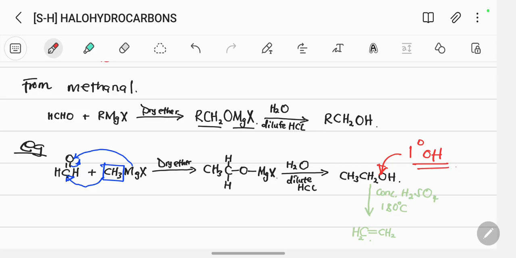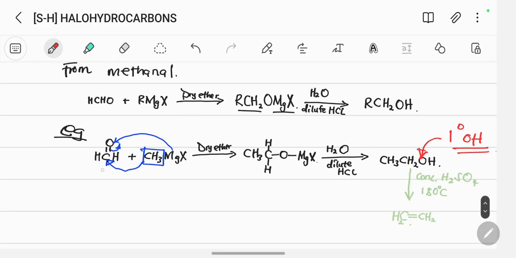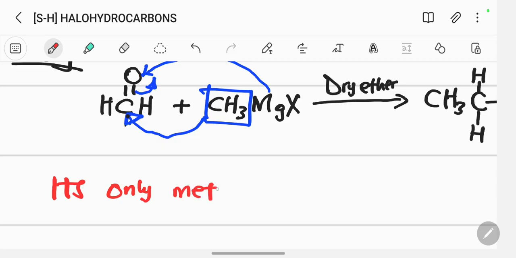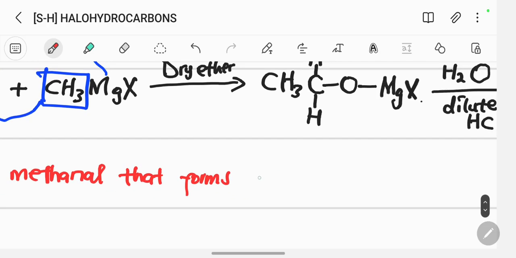So this one is a primary alcohol, and I will note that it's only methanol that forms primary alcohols.